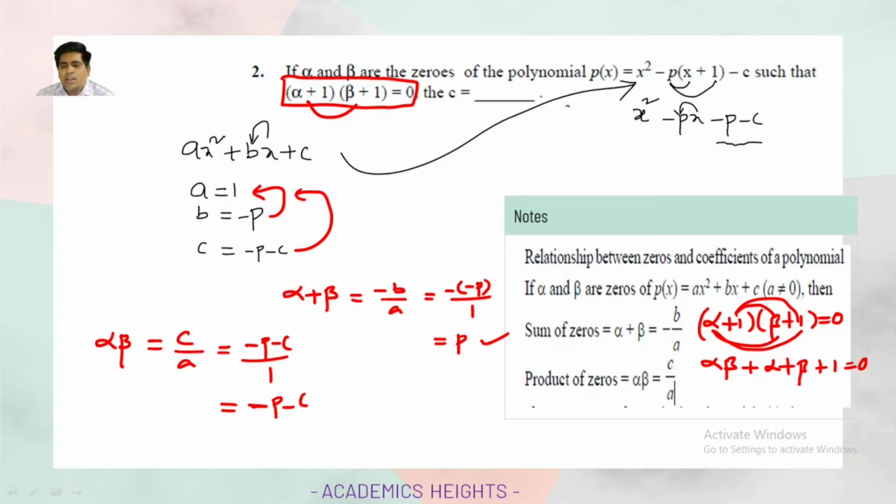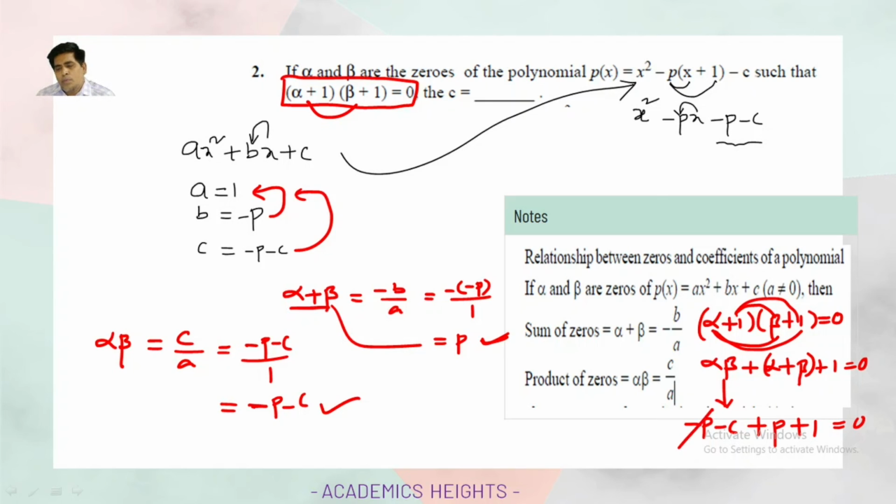Here you can clearly substitute the values. I already know the alpha beta value, so minus p minus c I can write directly. The alpha plus beta value I already know, it is p. So I am writing this as minus p minus c plus p plus 1 is equal to 0.